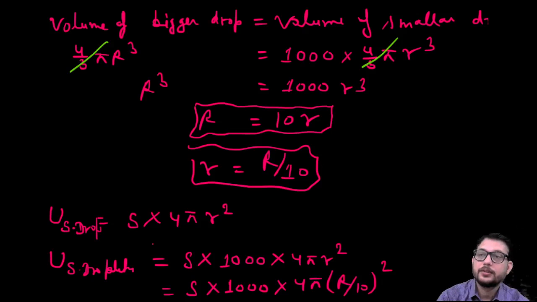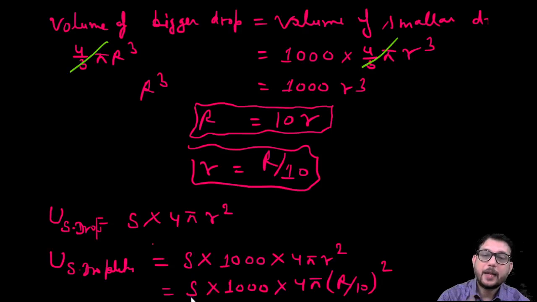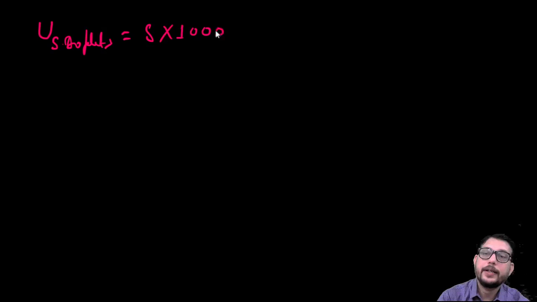Now what? As you can see here, it is capital S into 1000 into 4 pi capital R square by 10 squared, so it can be written as the potential energy of smaller droplets, that will be capital S into 1000 into 4 pi capital R square upon 100.